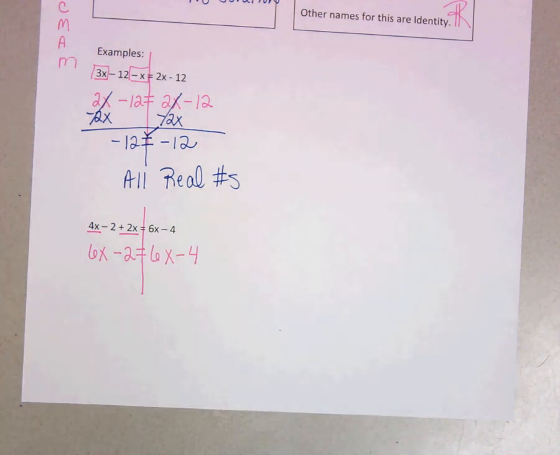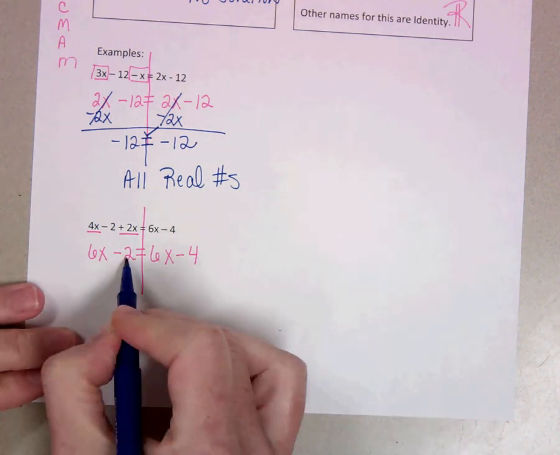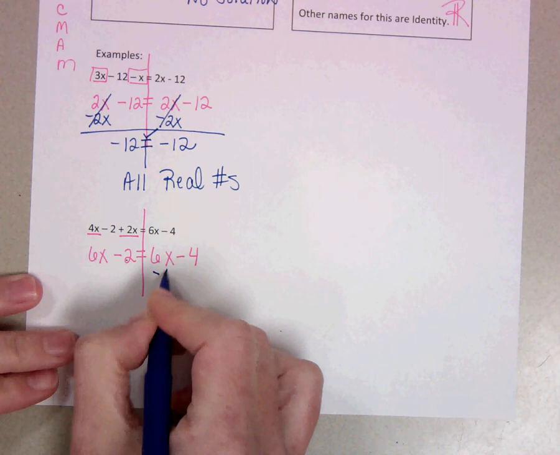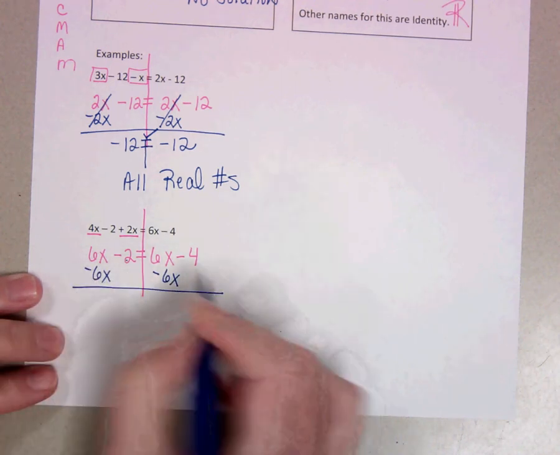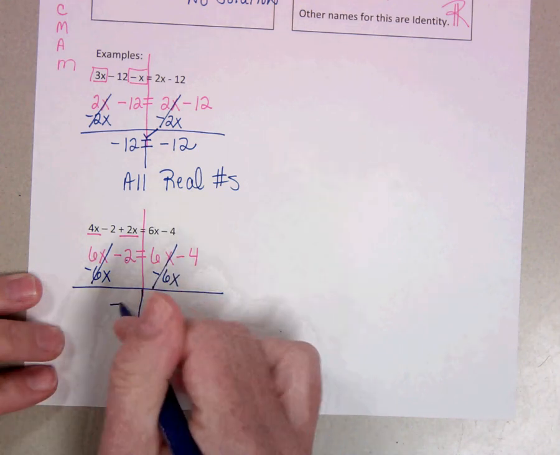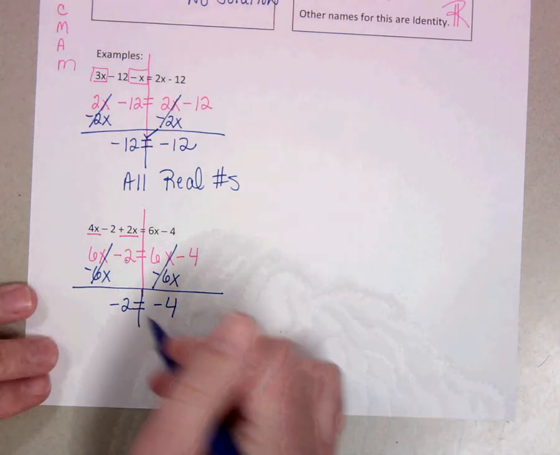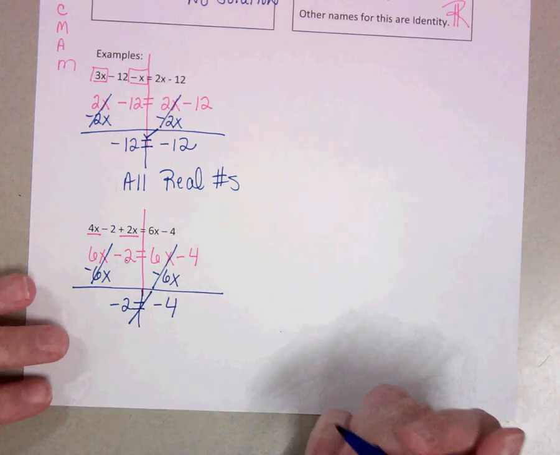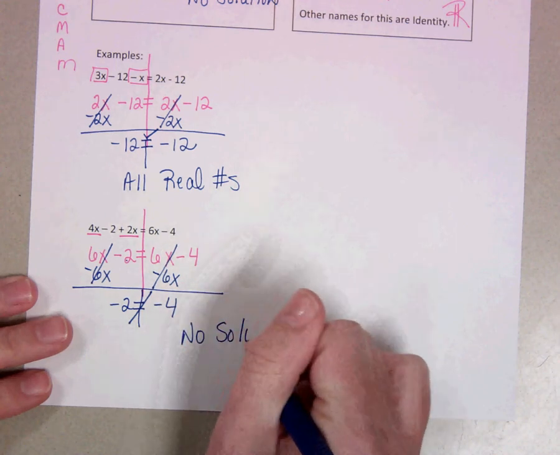I hope you're noticing that yes, you have the same amount of variable, but your constant number is not the same. So I'm going to go ahead and move my variables to the same side. So that's 0, that's 0, and I'm left with negative 2 equals negative 4. That is not true. That is not equal. And so therefore, we say no solution.